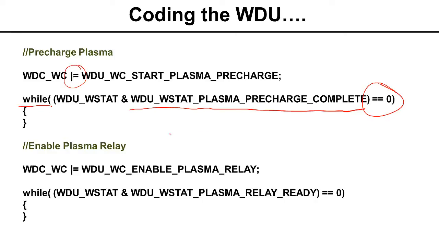All right. And lastly, in our step, we have to enable the plasma relay. So I'm going to set the bit for the plasma relay. And once again, I'm going to poll, that's a word, and wait until this bit is not equal to 0. If it's not equal to 0, that means it's greater.